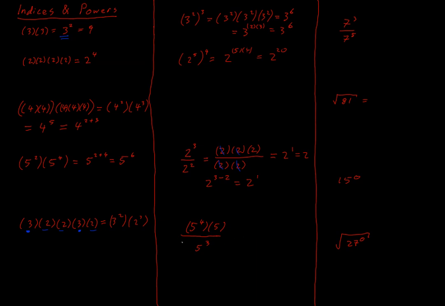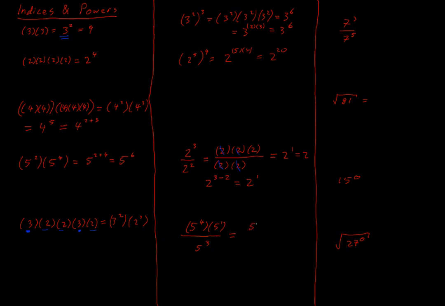Now let's combine that a little bit here. So I have 5 to the power of 4 multiplied by 5 divided by 5 to the power of 3. So let's do the multiply first. I'm going to have 5 to the power of 4 multiplied by 5. Well, I know that 5, we just talked about it for 2, 5 is really just 1 5. So it's going to be 5 to the power of 1. And I know I have 4 5's multiplied together here, and I have 1 5 multiplied here.